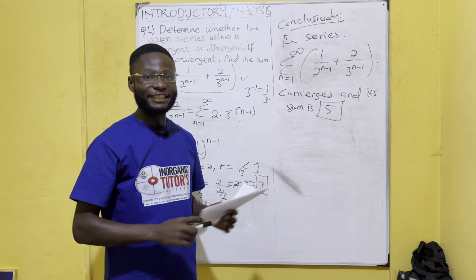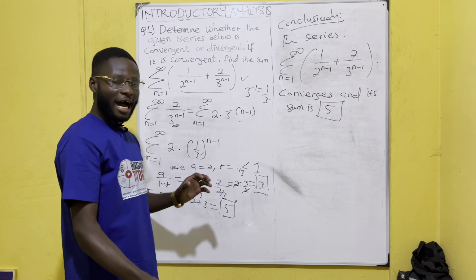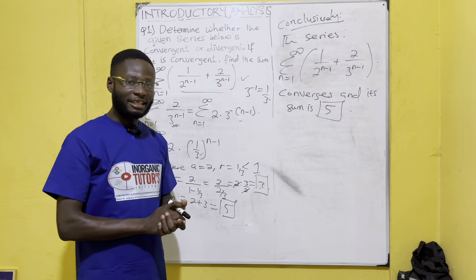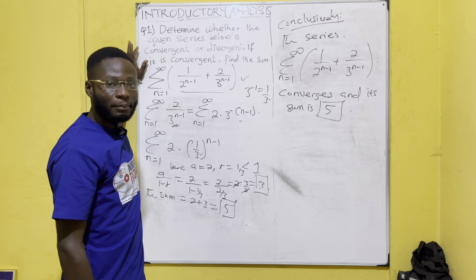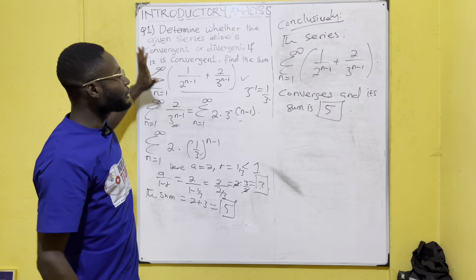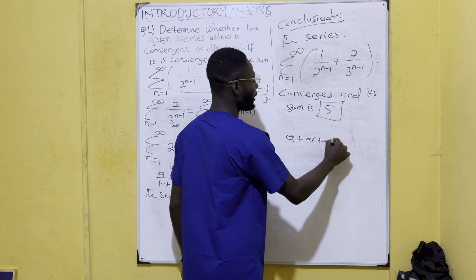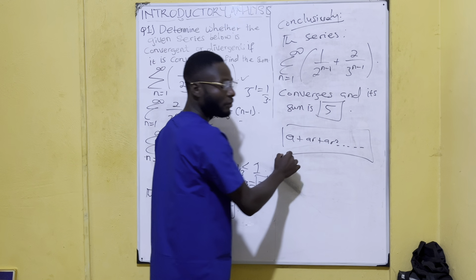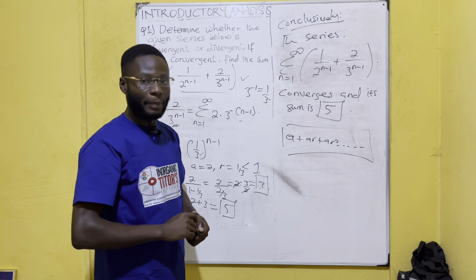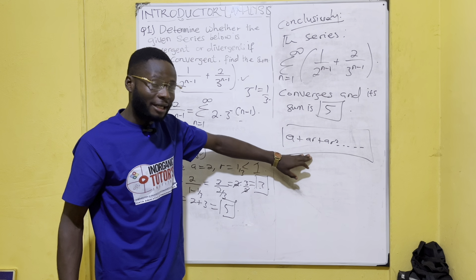Very, very interesting problem. So I've given you the tip that you need to be able to solve a geometric series problem. Once you have the pattern to be a plus ar squared to infinity, then you know that this is following a geometric series pattern.